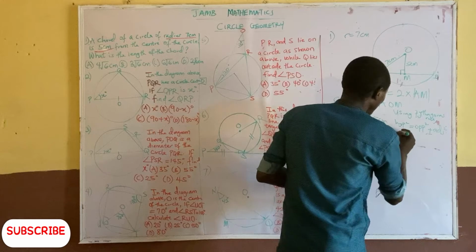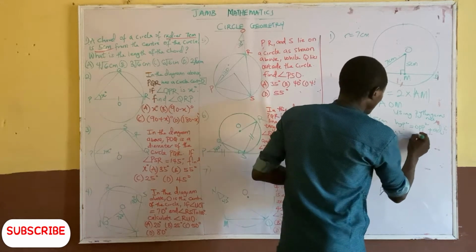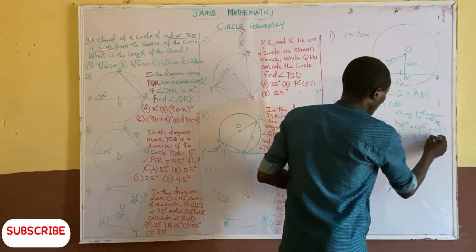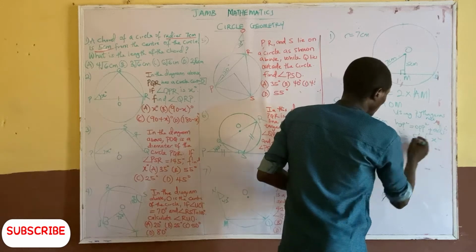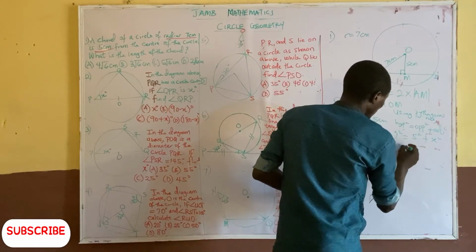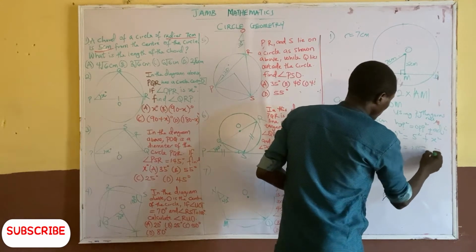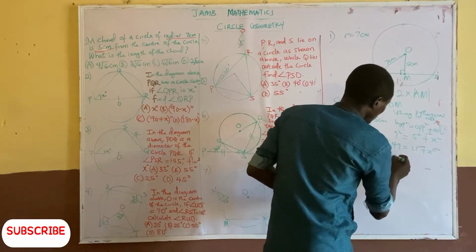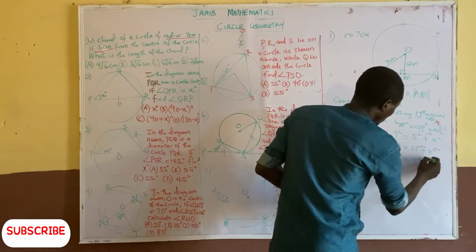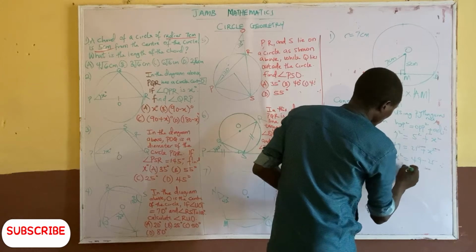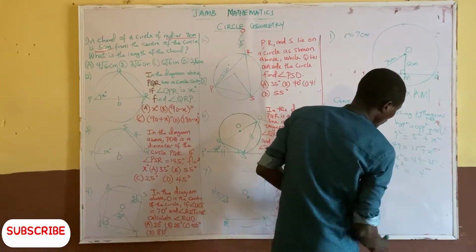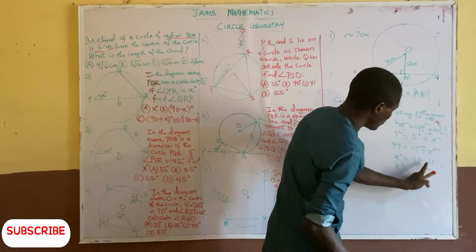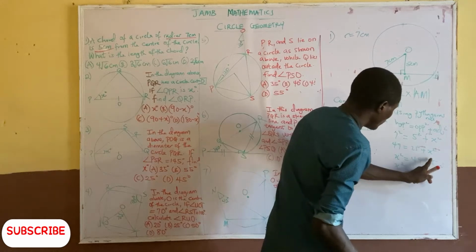So we have 7 squared equal to 5 squared plus x squared. So this is 49 equal to 25 plus x squared. So x squared is equal to 49 minus 25. 9 minus 5 is 4. 4 minus 2 is what?